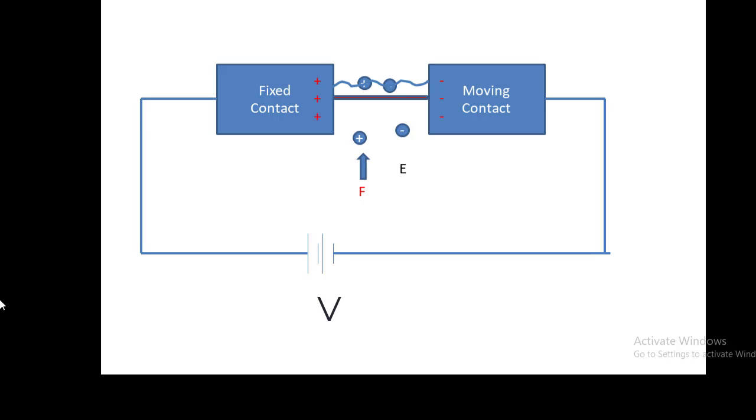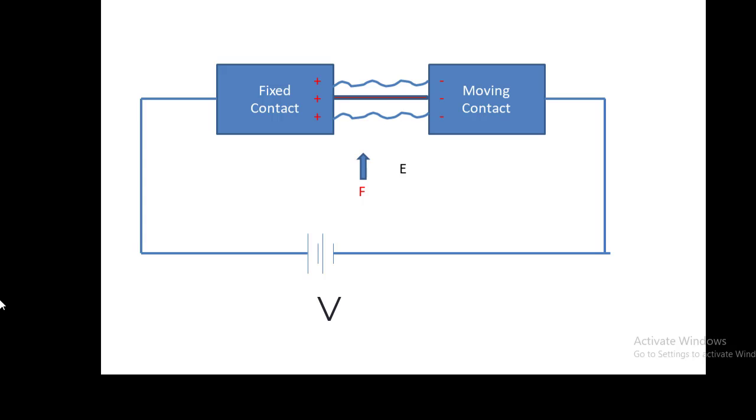If this voltage is greater than the breakdown voltage, the remaining electrons in the medium between the contacts move towards the positive ions of the fixed contact and positive ions move towards the negative ions of the moving contact. The collision happens between the contacts of the circuit breaker and an arc is formed.